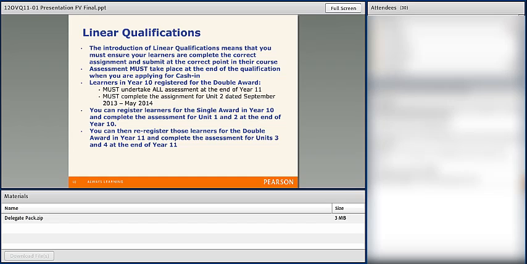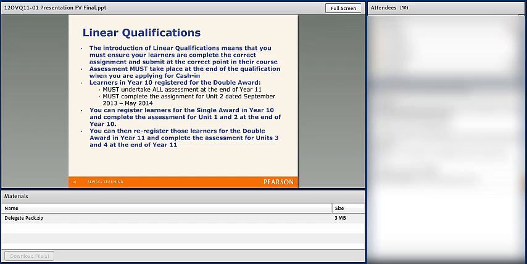So the introduction of the linear qualifications means, as I say, that you must ensure learners complete the correct assignment and submit at the correct point in their course. Assessment must take place at the end of the qualification when you are applying for cash-in.